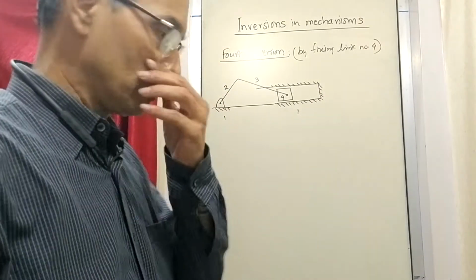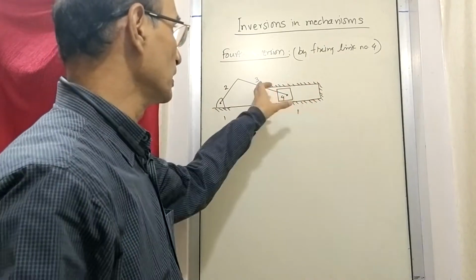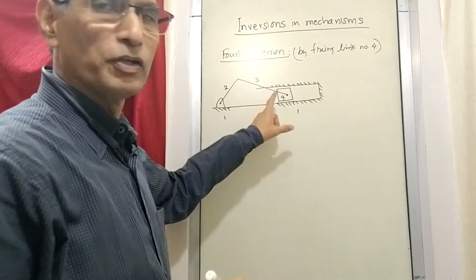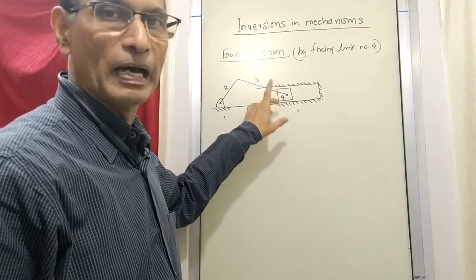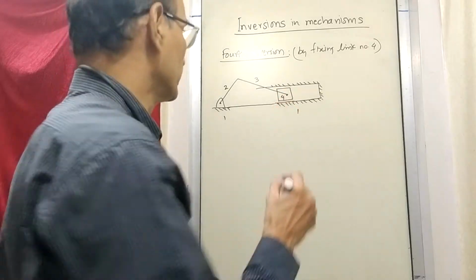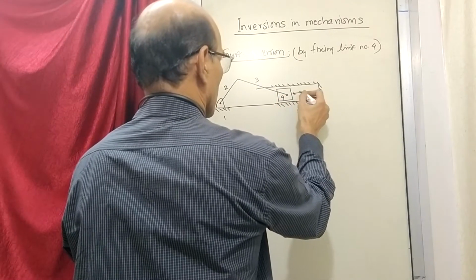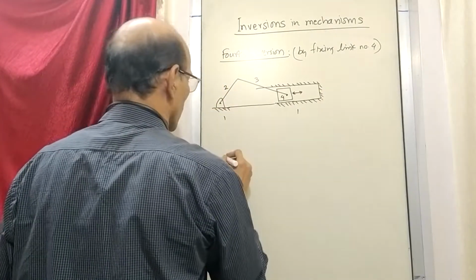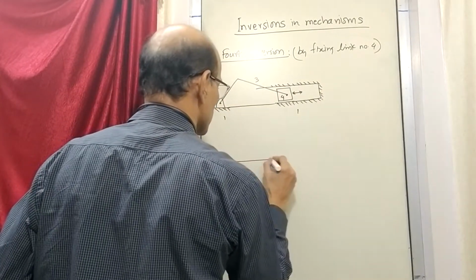It is still the same, and this is representing link number 1. Now basically what you see here is 4 and 1, they are having relative motion. One of the things is fixed, the other is moving like this. Okay, so just let us make some change here, and I'll draw the same figure like this.